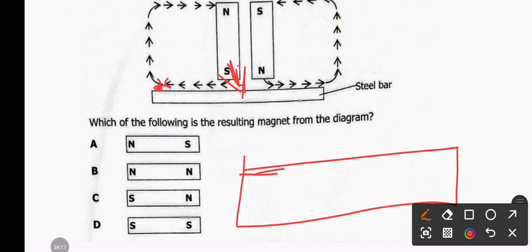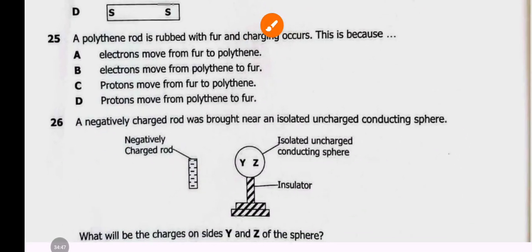So if you're using south here, then at the end where the stroking finishes, it is expected that you have a north pole. In a similar way, if you're stroking with a north pole here, then the end where the stroking finishes will acquire an opposite pole to the stroking pole. So here we should expect a south pole. So north, south. So that is option A. Alright.